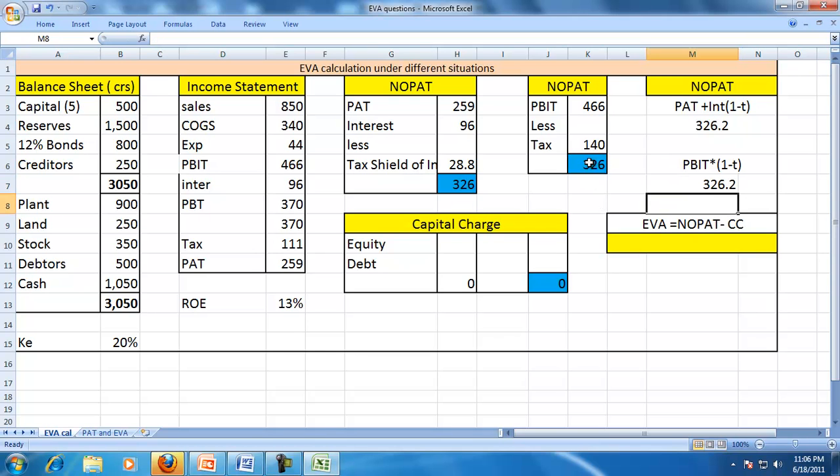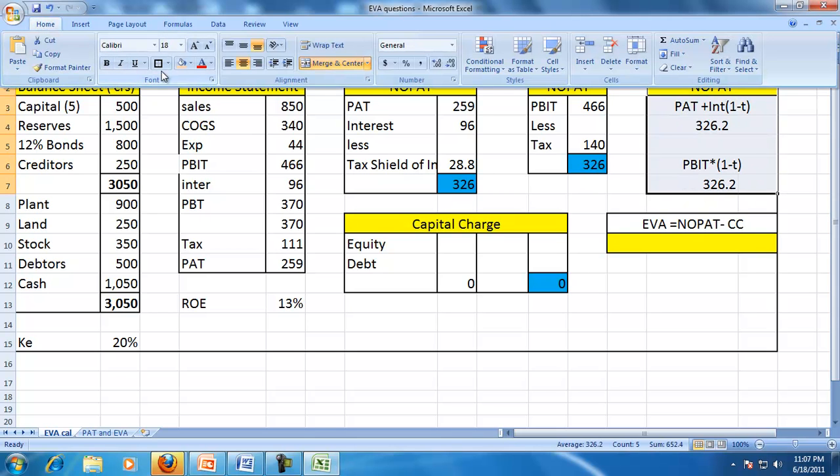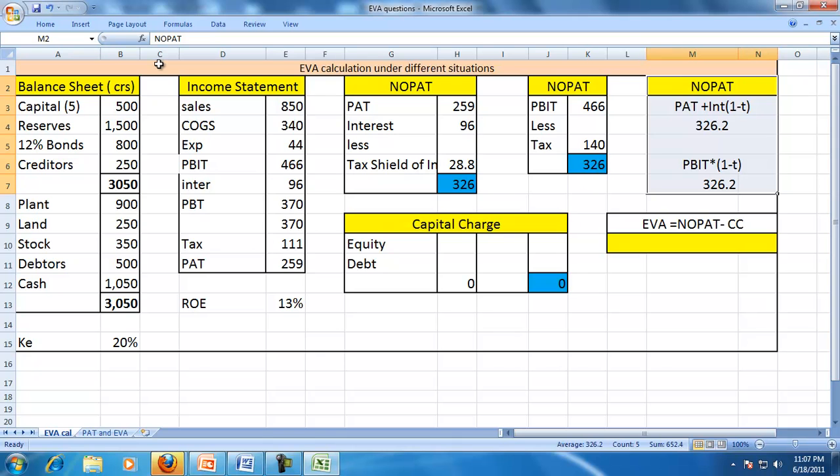So NOPAT can be calculated in different ways, but whatever the way, you should get the same answer. Now, we got the NOPAT.